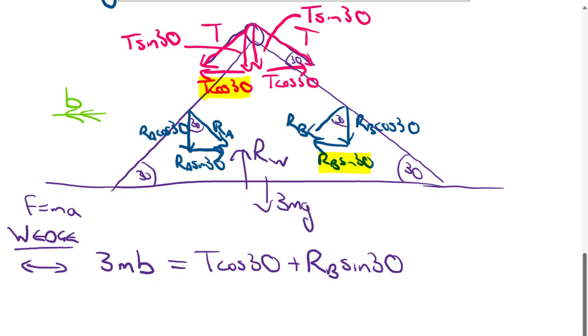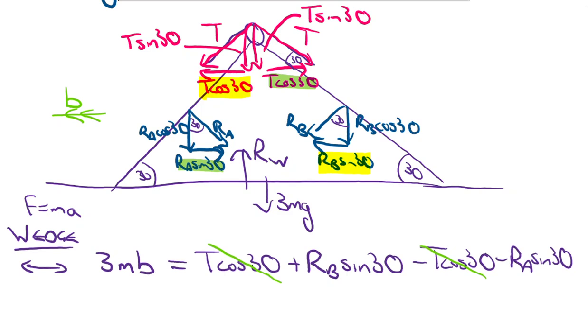And then we have to take away a T cos 30 and an OR A sine 30. Oh, using the correct pen will be useful. So minus T cos 30 minus OR A sine 30. And actually the T cos 30's cancel, which is because it's symmetric and also nice.